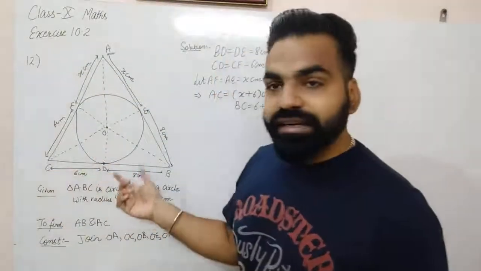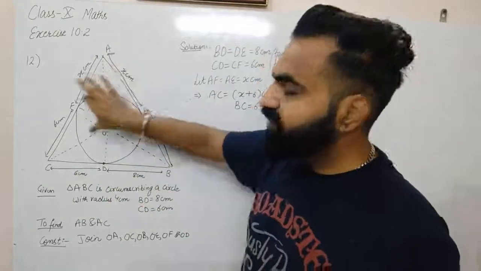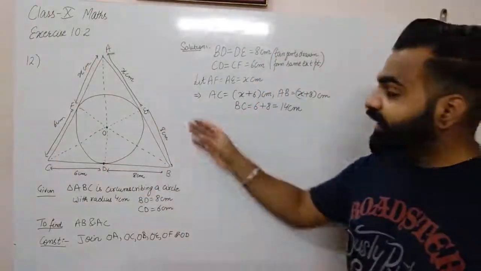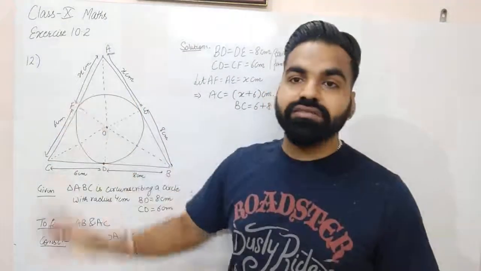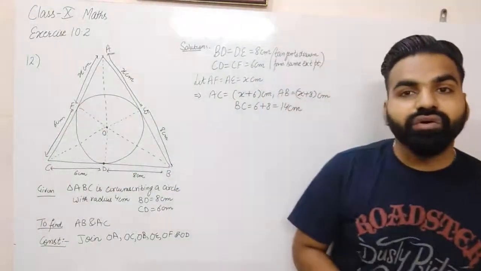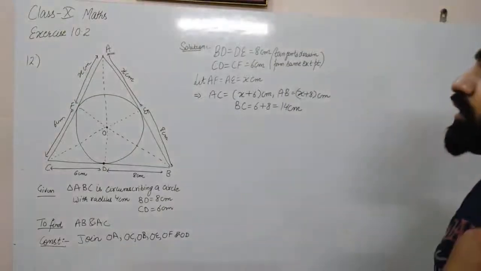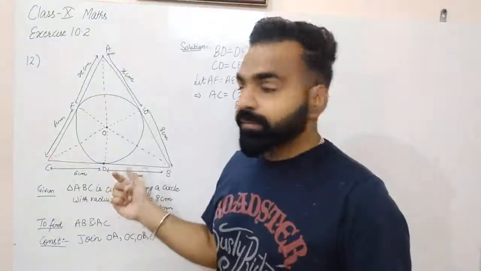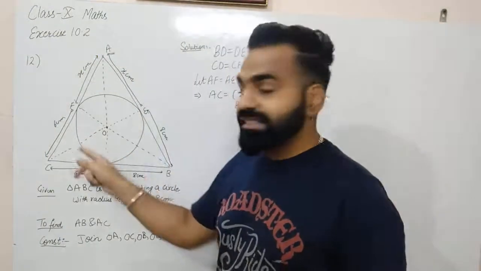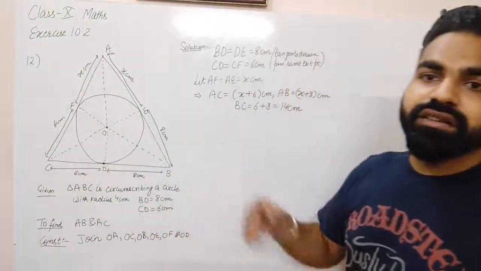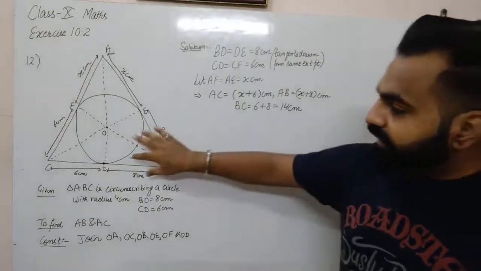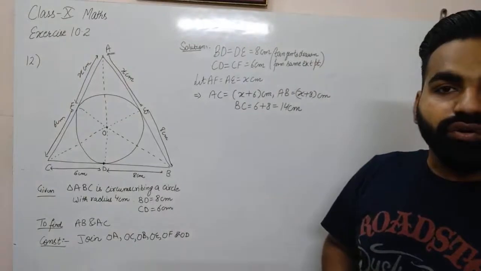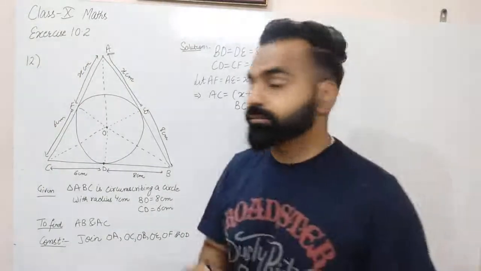In short, the sum of the areas of these three triangles will be equal to the area of the whole triangle ABC. So we will find the area of the whole triangle first, then the areas of these three triangles separately, add them, and equate to the area of the whole triangle to find the value of x.